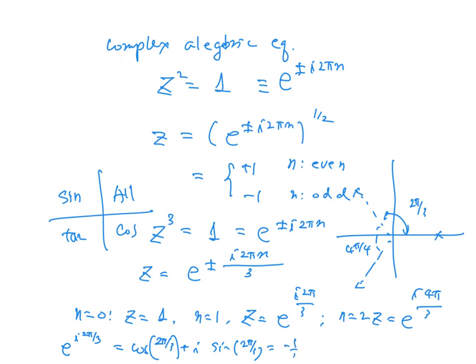So minus 1/2 plus i square root of 3 over 2. And this one is minus 1/2 minus i square root of 3 over 2. The complex algebraic equation can be solved very easily using this notation.